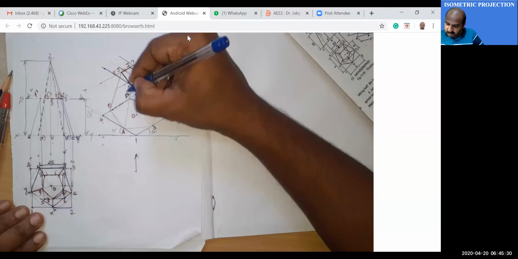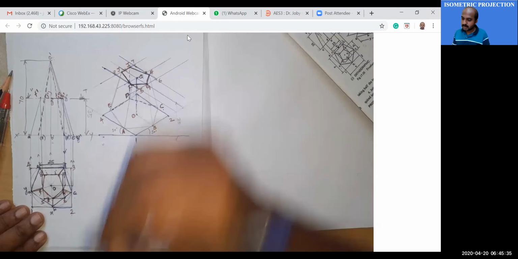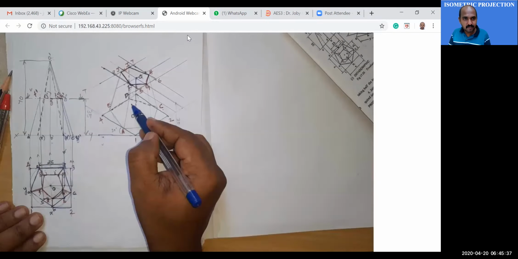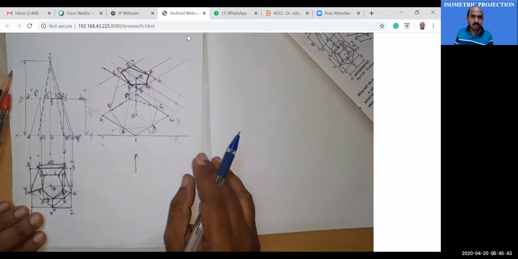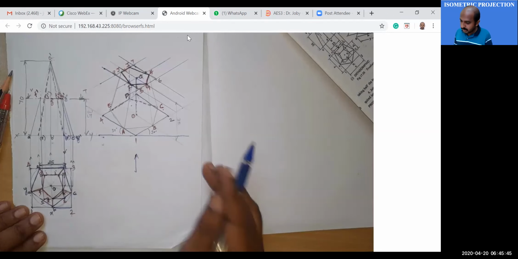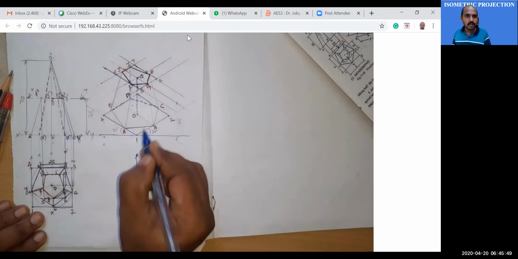As D is hidden, D to I is also hidden. So the only hidden point is D, and D to C, D to E, and D to I, these three lines are hidden. So what about the remaining bottom points? A to B is visible.